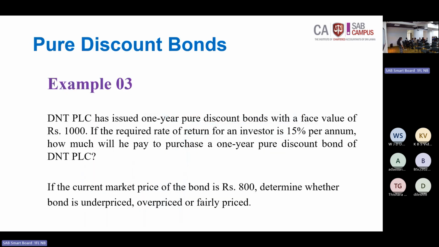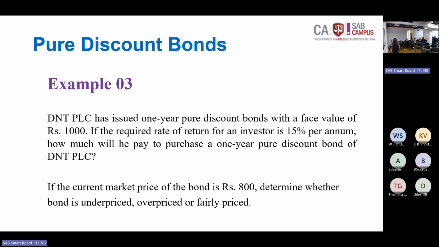Okay, example number 3. Now do it. Read the question. DNT PhD has issued a 1 year pure discount bond with a face value of 1,000.